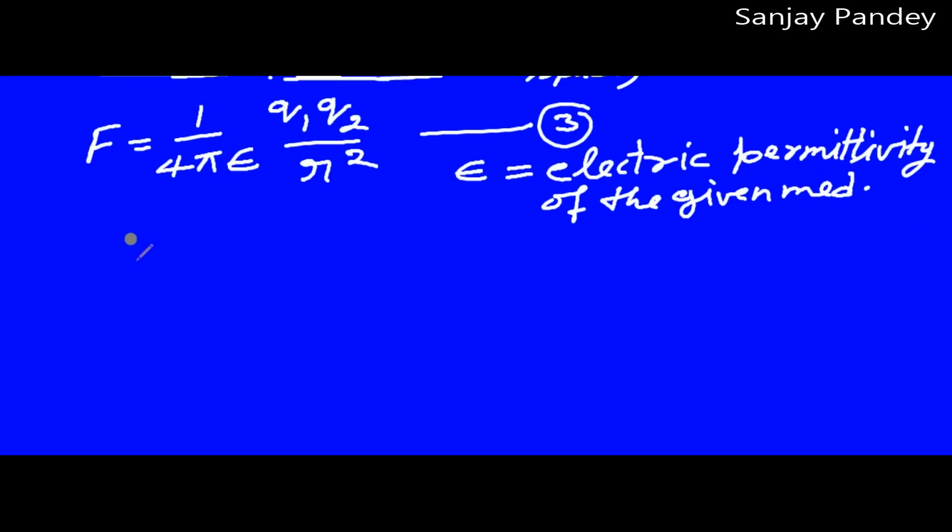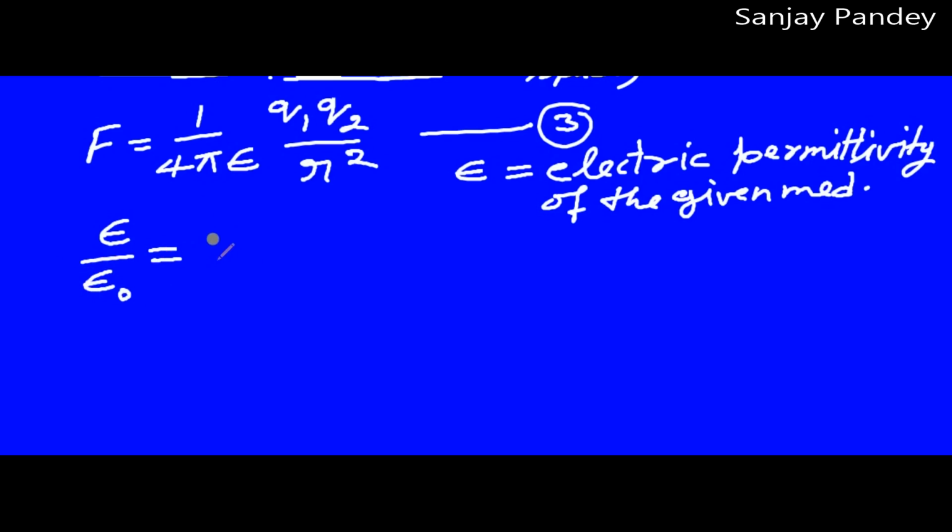The ratio epsilon upon epsilon naught is called relative permittivity of the medium.